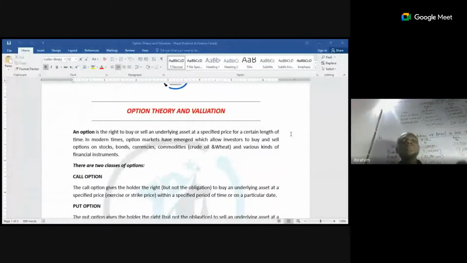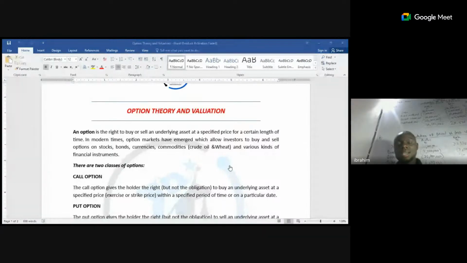Thank you. Meaning that you can go to the option market to buy stocks, bonds, commodities, foreign currency, to hedge against the fluctuation of investment risk.